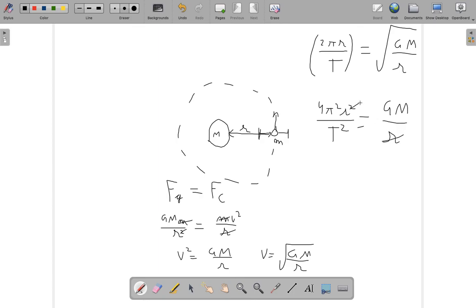This r cancels out, getting rid of that square, and we end up with 1 over time period squared equals to GM over 4 pi squared r, and we have time period squared equals to, oops, the G is below, not above, 4 pi squared r cubed over GM. And you can just root both sides if you want to find out the exact time period.